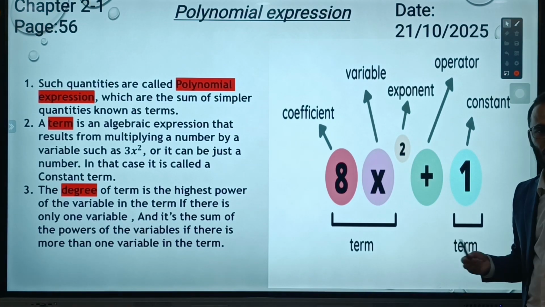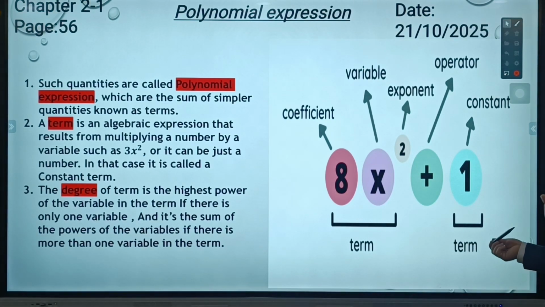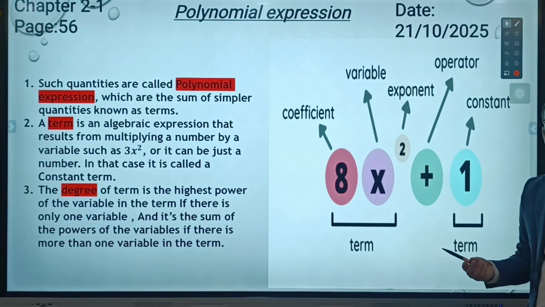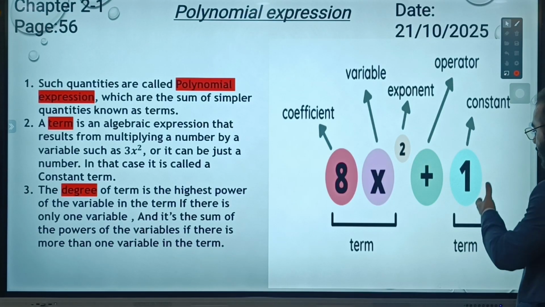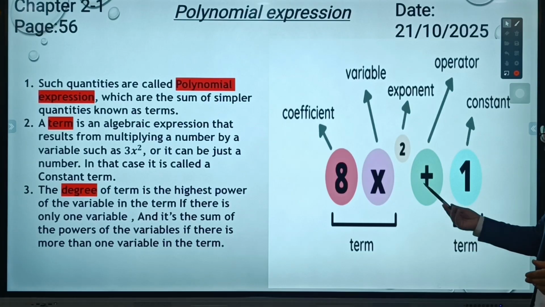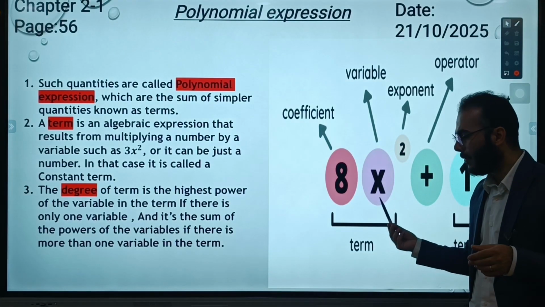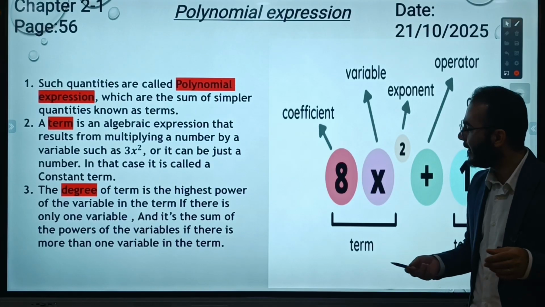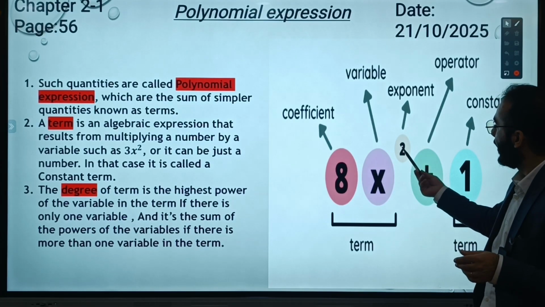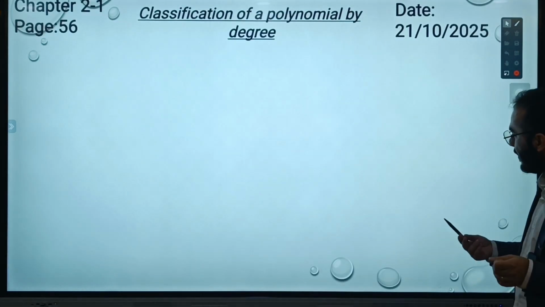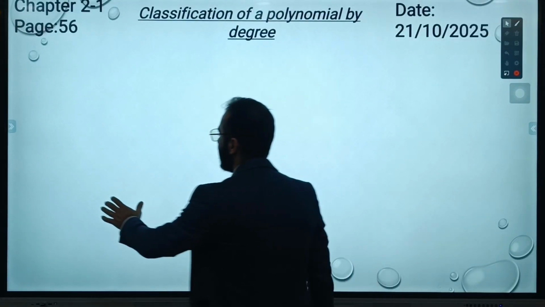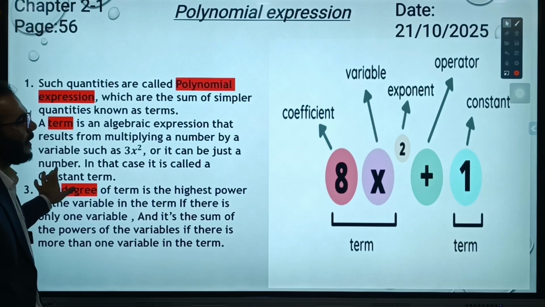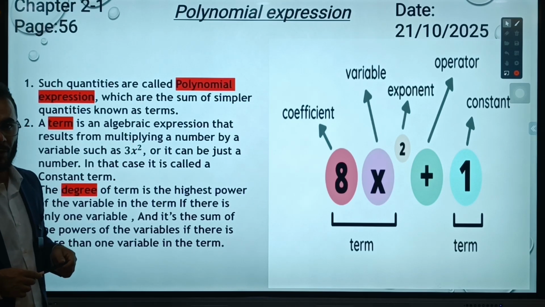That term is called an algebraic term, algebraic expression, let's say, and that one is called a constant term because it is just a number. The number in front of the variable has a special name, which is coefficient, and the variable is here. That is the exponent of the variable, and the operator is addition, and then we have a constant term as well.